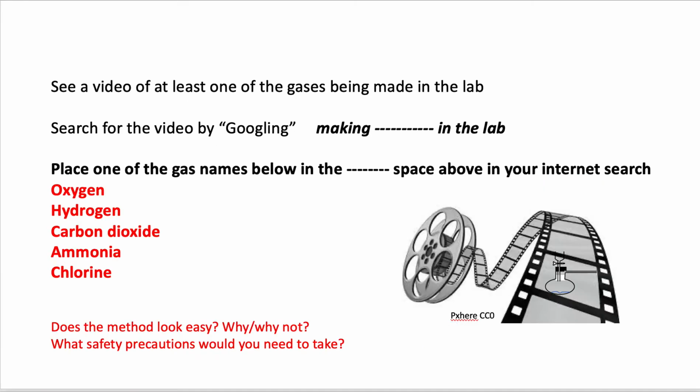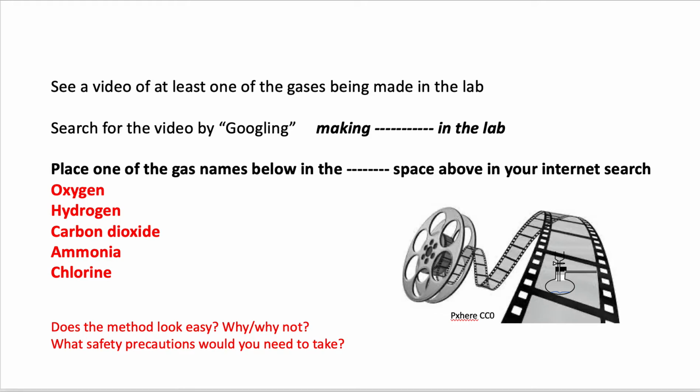And what would be useful here is to look at a video of, choose one of the gases and put in your search engine, making, for example, ammonia in the lab, and you'll see a video of it. Does the method look easy?